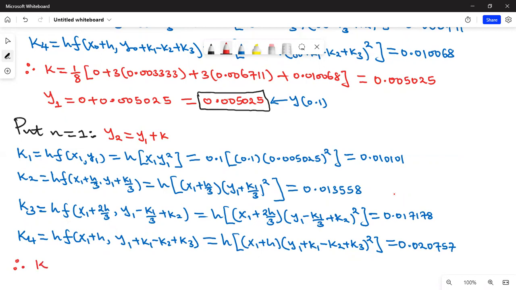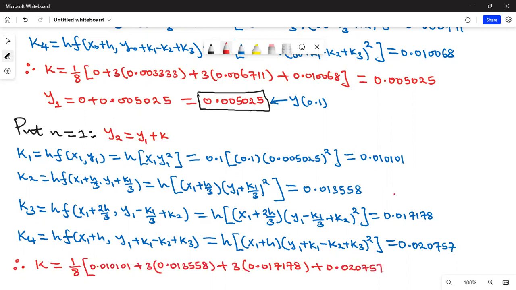So you say therefore k is equals to 1 over 8 into our k1, which is 0.010101, plus 3 times k2, which is 0.013558, plus 3 times k3, which is 0.017178, plus k4, 0.020757.